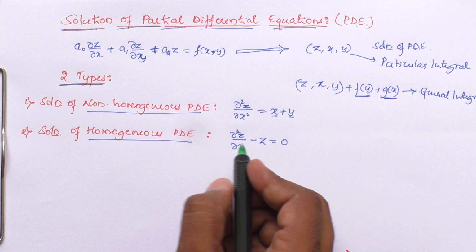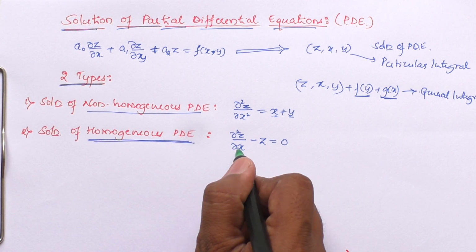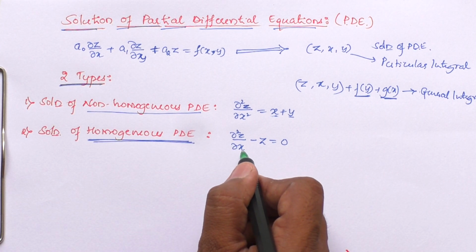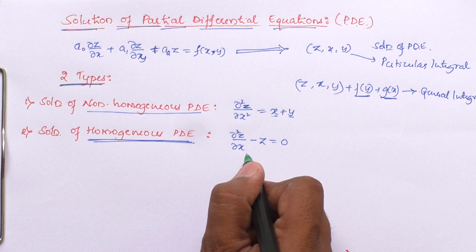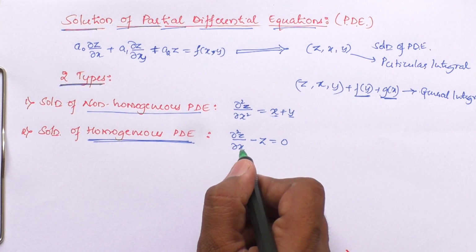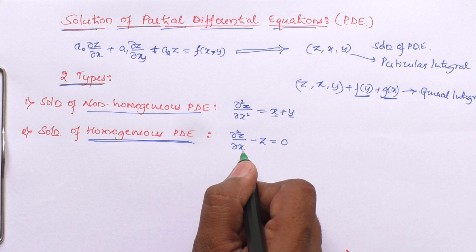Now in the case of homogeneous PDE, you have already learnt how to solve linear differential equations. That method, the inverse differential operator method, the same technique we apply to solve homogeneous PDE.